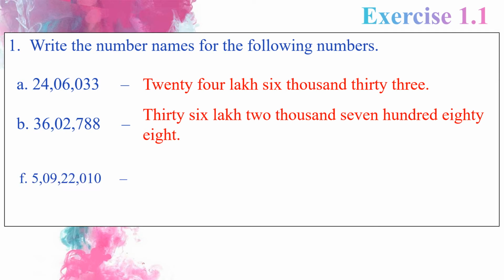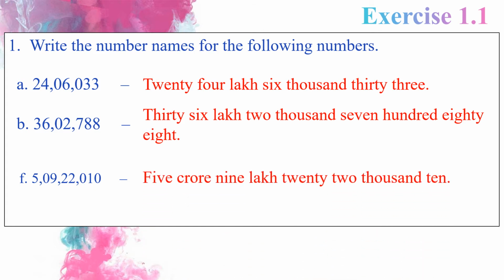Similarly, F problem, 5,09,22,010. 010 is in ones period, 22 is in thousand period, 9 is in lakh period, and 5 is in crore period. Therefore, we need to read this as 5 crore 9 lakh 22,010.